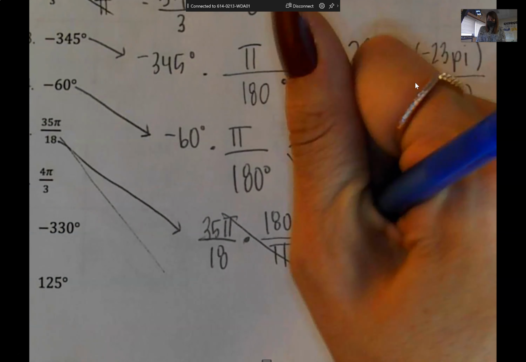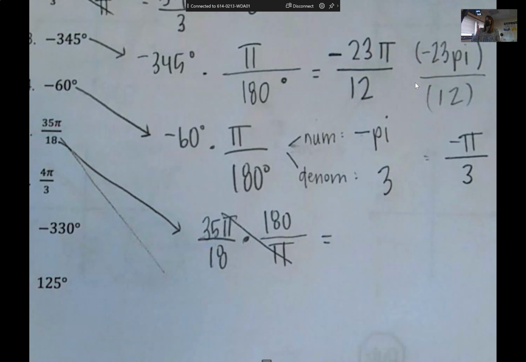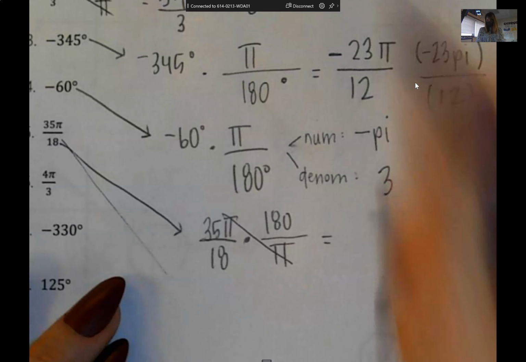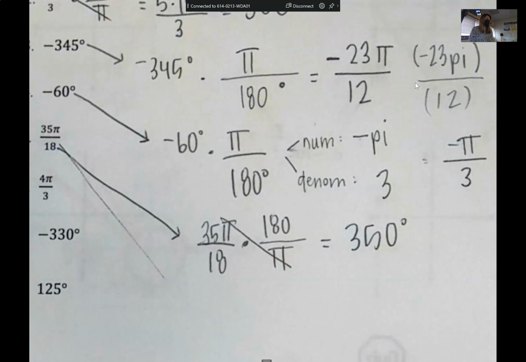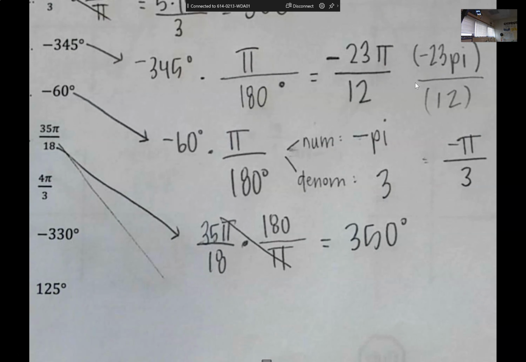So in Desmos, I'm typing in backslash 35 times 180 over 18. I'm pretty sure that's 350 degrees. In Canvas, the degree symbol is already there, so you don't have to worry about putting it in.